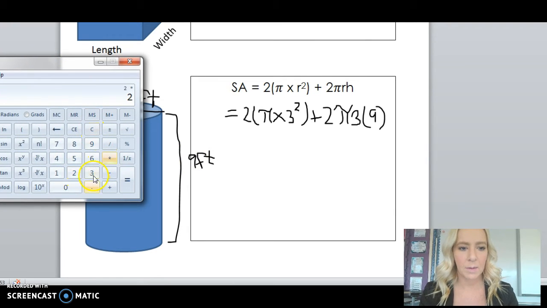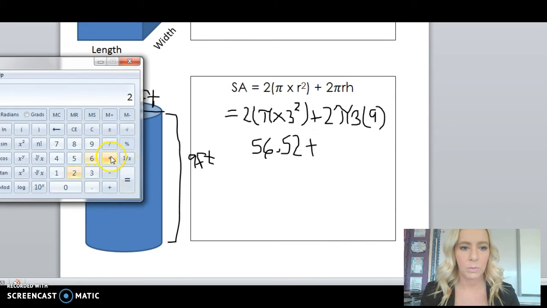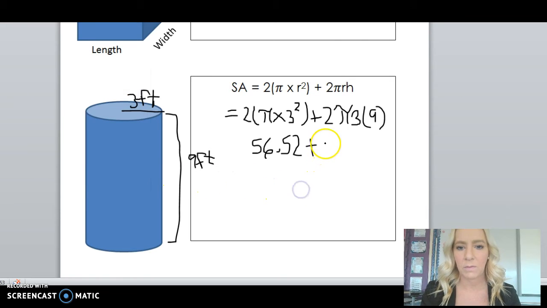2 times 3.14 times 3 squared. You can put 3 squared in your calculator, but I also know 3 squared is 9. So 56.52. Plus 2 times pi, which is 3.14, times 3 times 9, which is 169.56.